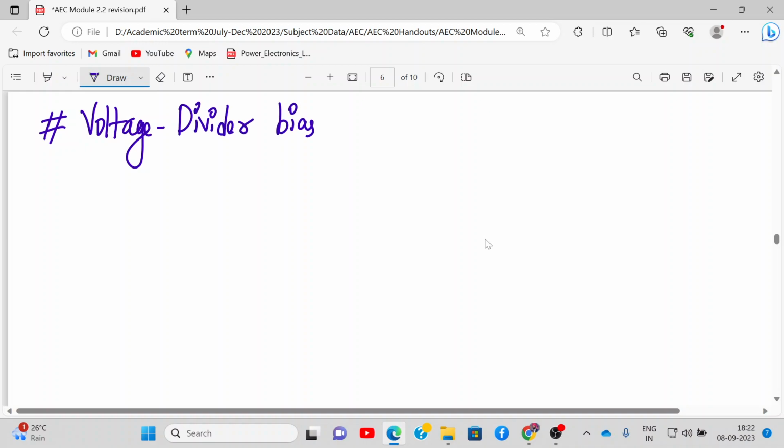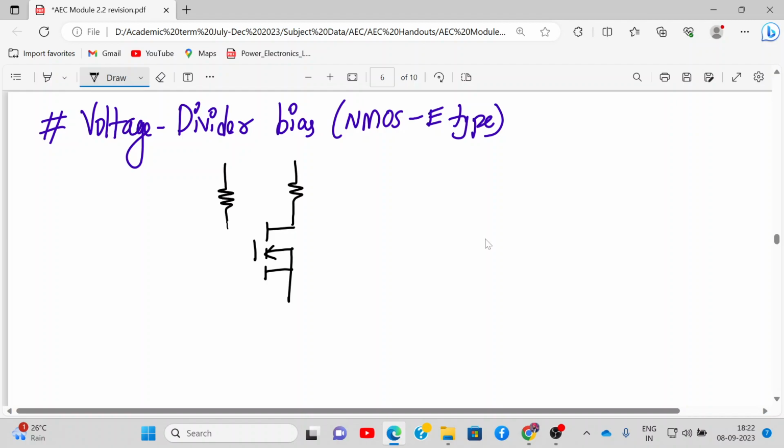Voltage divider biasing for NMOS E type. Draw the circuit first, but this time draw the symbol for enhancement type MOSFET. It's the same configuration as depletion type, only the MOSFET is enhancement type. R1, R2, RD, RS and ground.